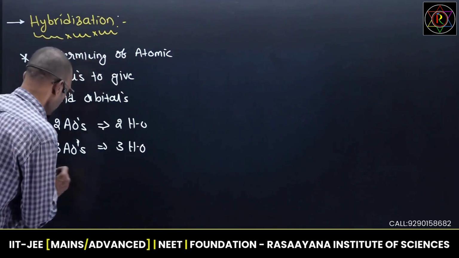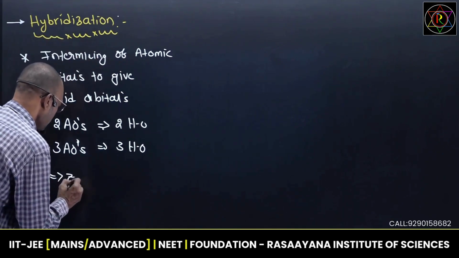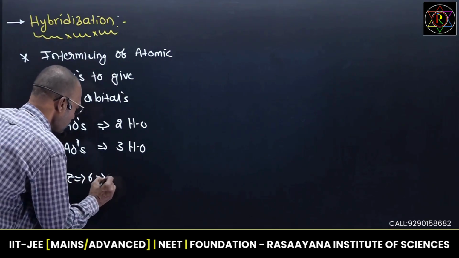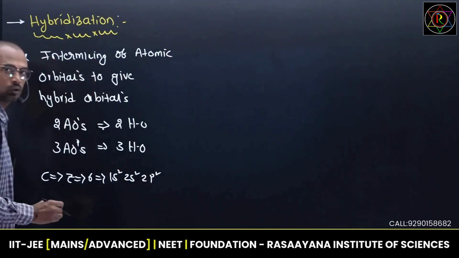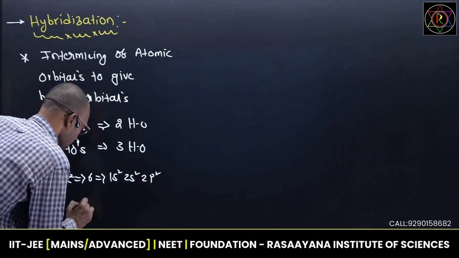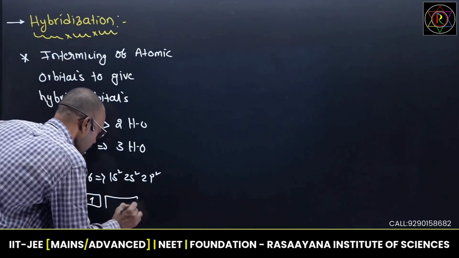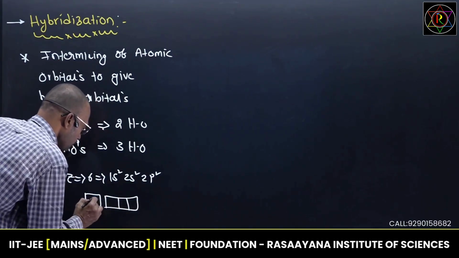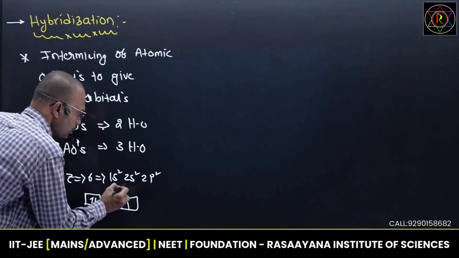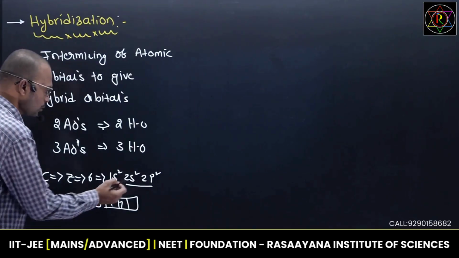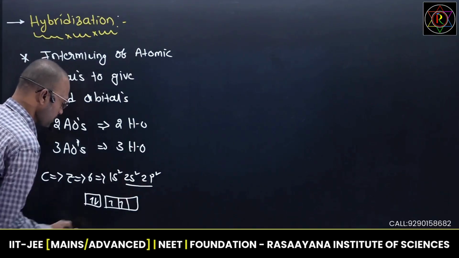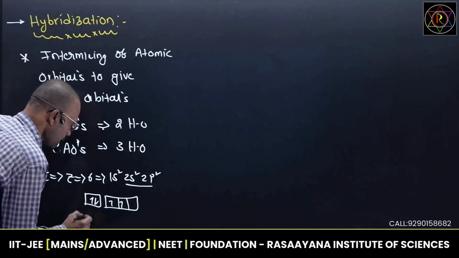Generally we know carbon's atomic number is 6 and the electronic configuration is 1s2, 2s2, 2p2. If you write the electronic configuration clearly for the outer orbital, this is 2 electrons, 2 electrons. Only this I am writing because it is the outer orbital, having the s orbital as well as the p orbital. Now this is the ground state electronic configuration.